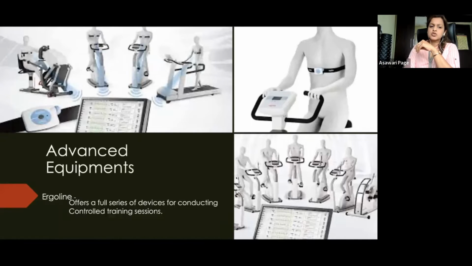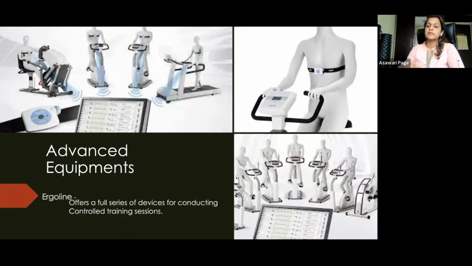Now this was just to mention shortly, but this is the advanced equipment that I had used. I had been to Germany and seen certain European rehab centers which are using Ergoline, and it's a beautiful center with a beautiful monitoring system that offers a full series of devices for conducting controlled training sessions.